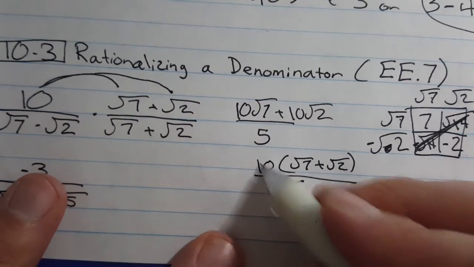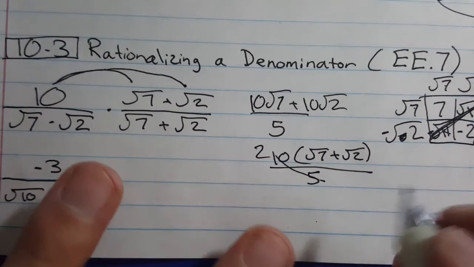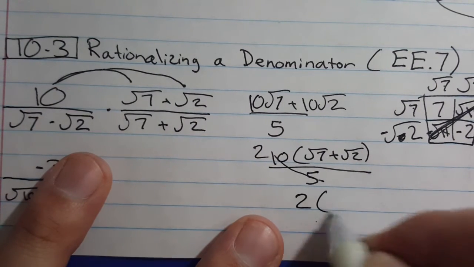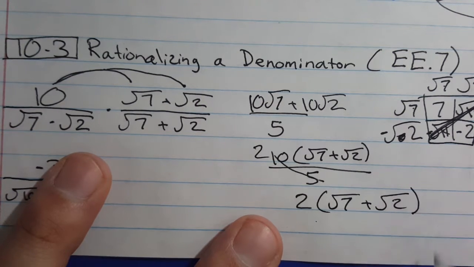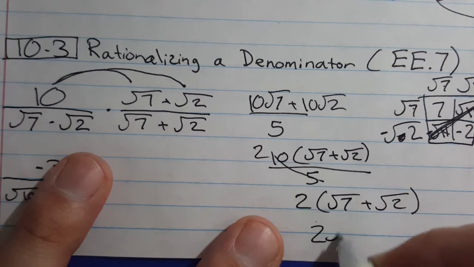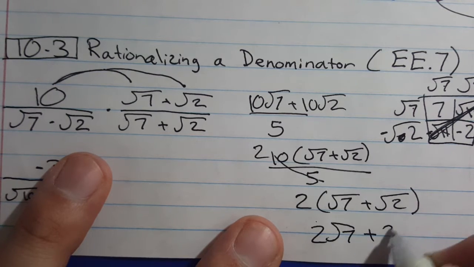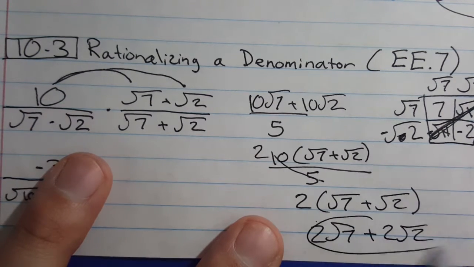So this actually would turn into a 2 over a 1. So this would turn into 2 times the square root of 7 plus the square root of 2. Times u, that'd be 2 square roots of 7 plus 2 square roots of 2. Now it would be done.